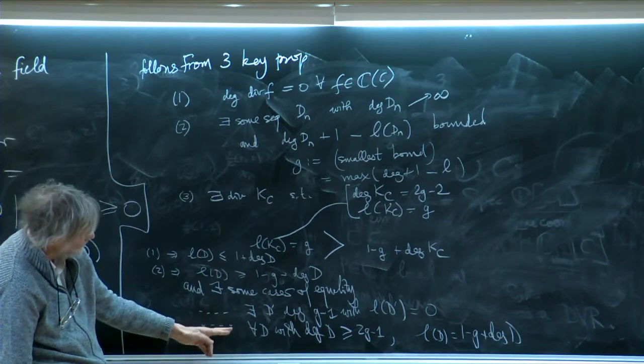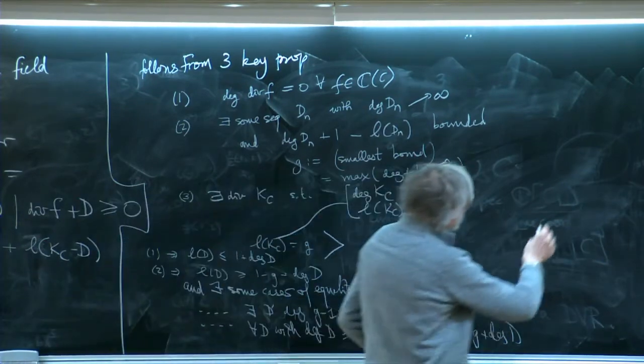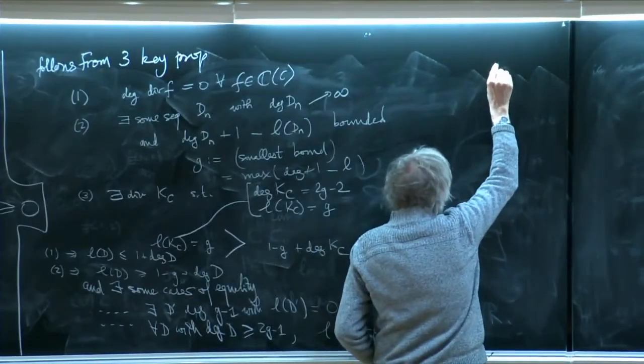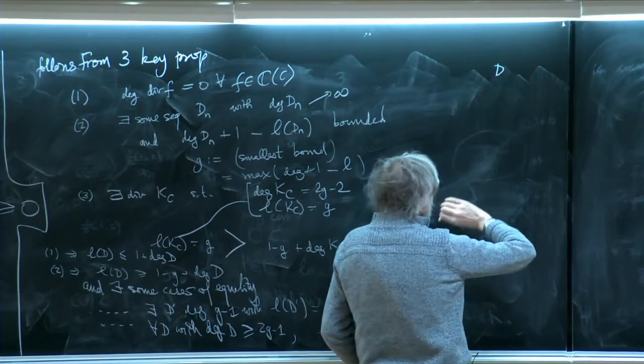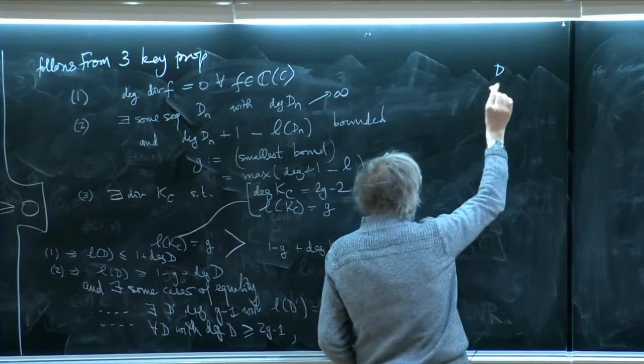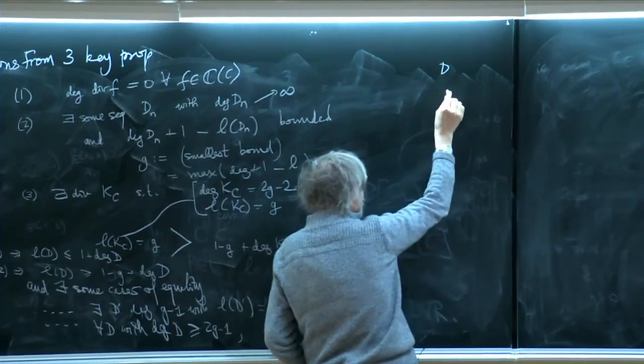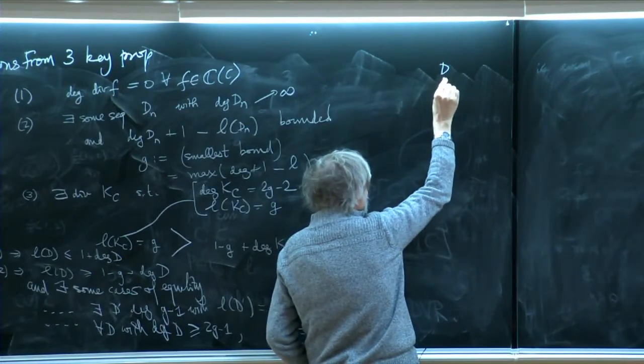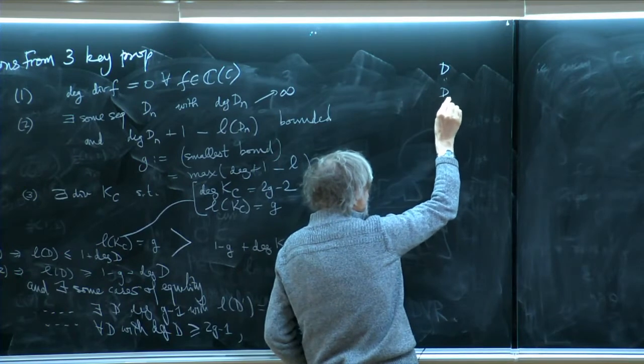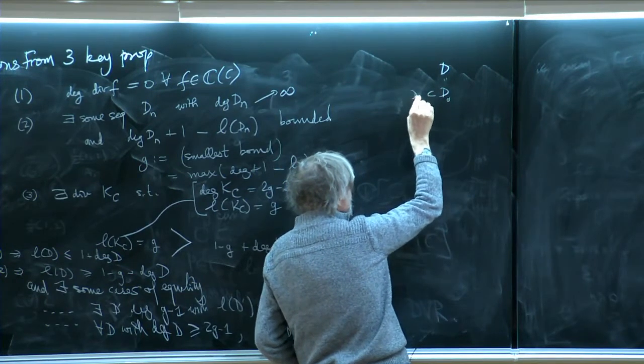This is really very trivial. So if I look at any D, I can subtract off some points. I can put this in a sequence. D is D minus 1.